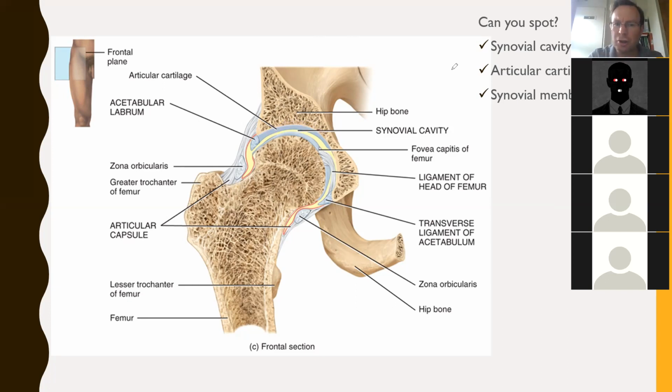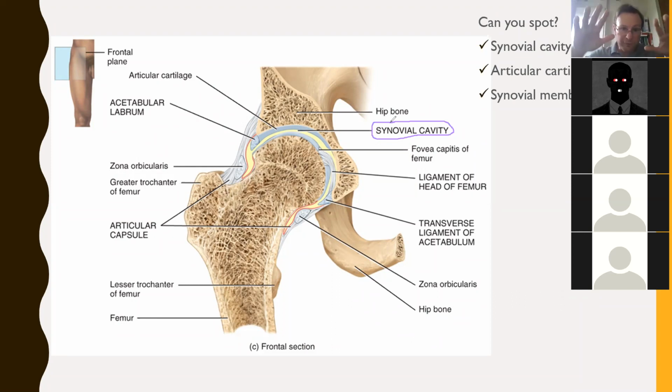Now, can you find the synovial cavity? You should be able to find it because it's got a great big sign saying synovial cavity. Inside, it's all coloured yellow, just to designate that it's a space. But remember that space is filled with synovial fluid.